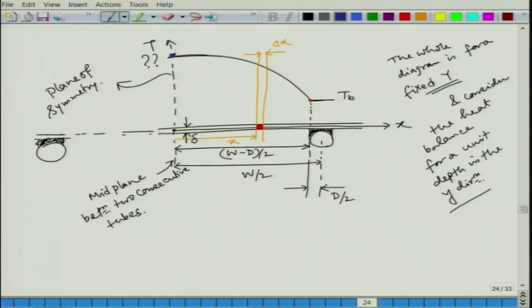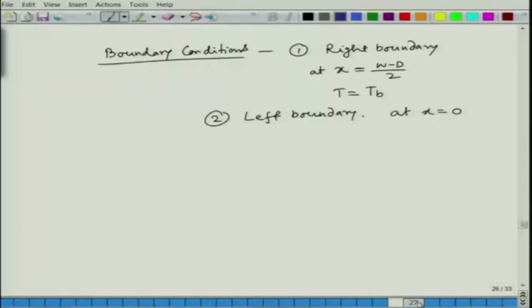That the temperature distribution on both sides will be equal, that means dT/dx, the slope of the temperature curve, will be 0. Two boundary conditions are required and both of them are given.